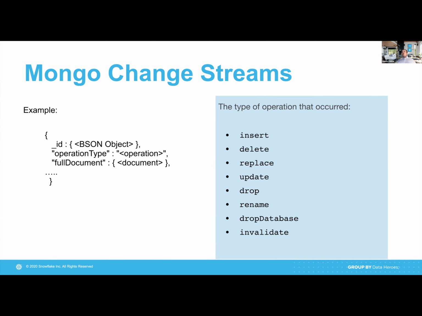Then we need the operation type. So what kind of change occurred in this collection? This could be an insert, delete, replace, drop, rename, drop database, invalidate. The ones that we focus on are insert, delete, replace, and update. Drop, rename, drop database, and invalidate we don't really use very often, and those have their own downstream pipeline.